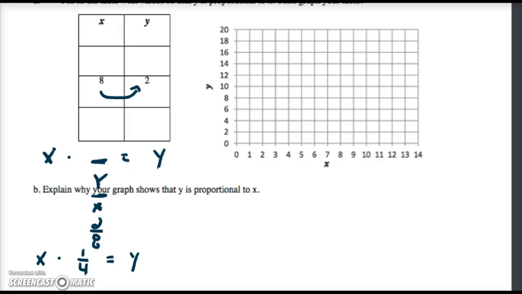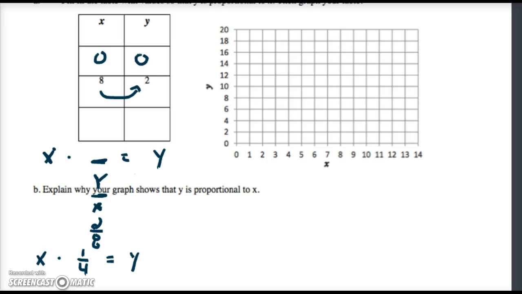Then we need 2 more coordinate pairs. So what do you think? What coordinate pair must be on our graph for y to be proportional to x? So think about what point the graph must intersect. So if you said the point 0, 0, or the origin, you're correct.